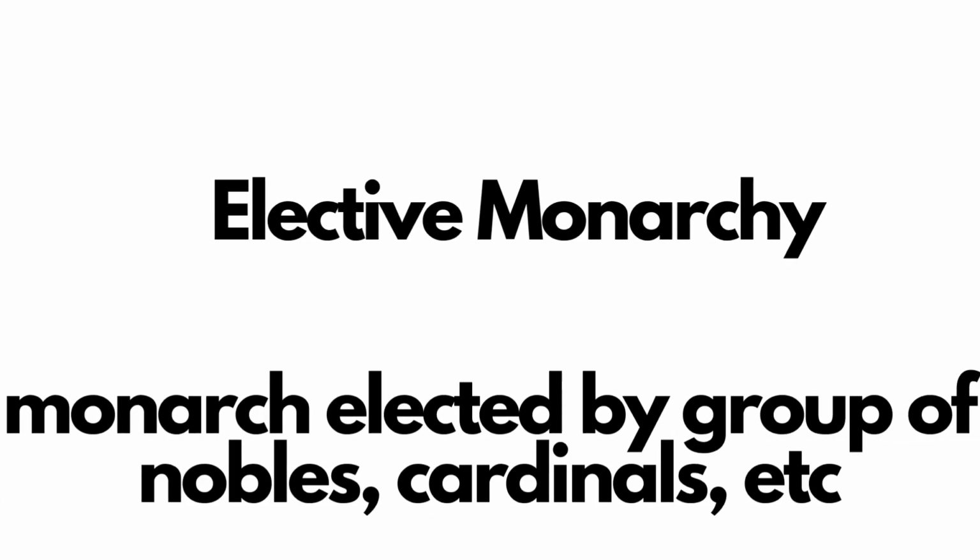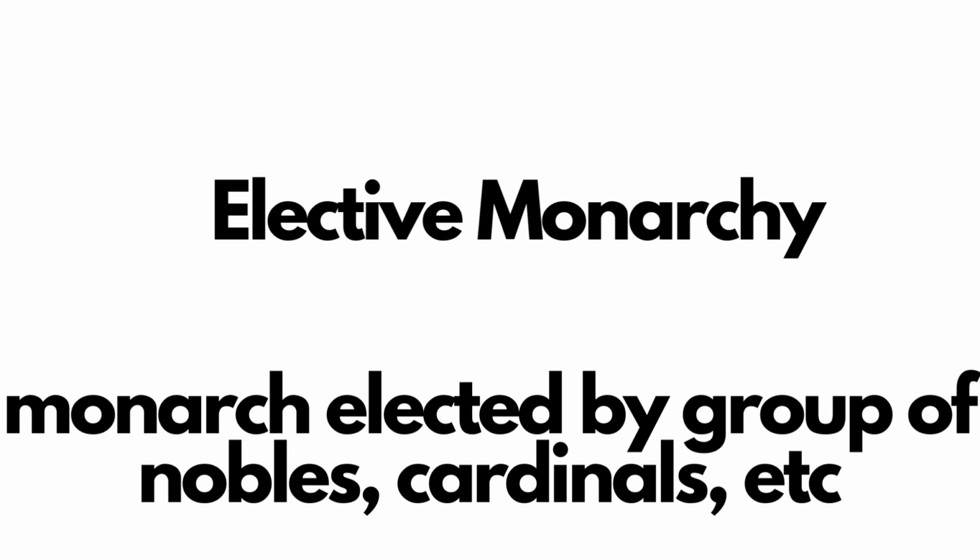Elective monarchy is the system involving the selection of a new monarch by a designated group of electors, often drawn from the nobility or other high-ranking officials. Historically, countries such as the Holy Roman Empire and the Kingdom of Poland used this system.